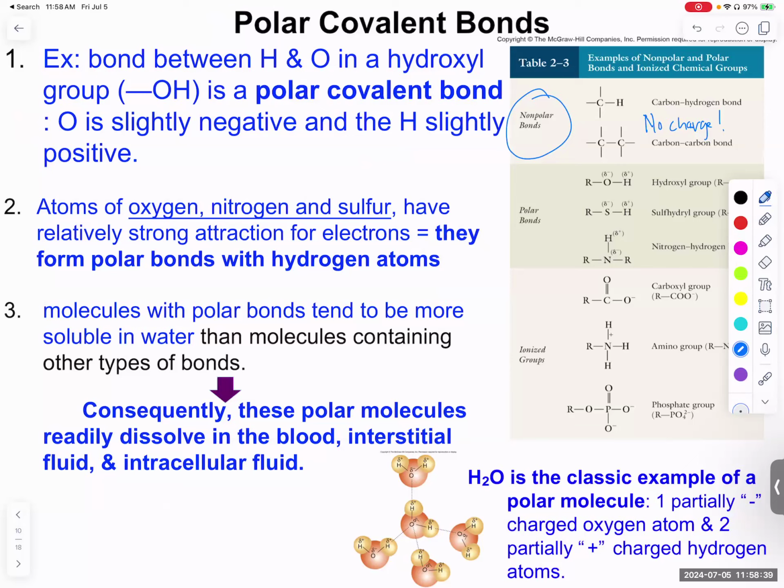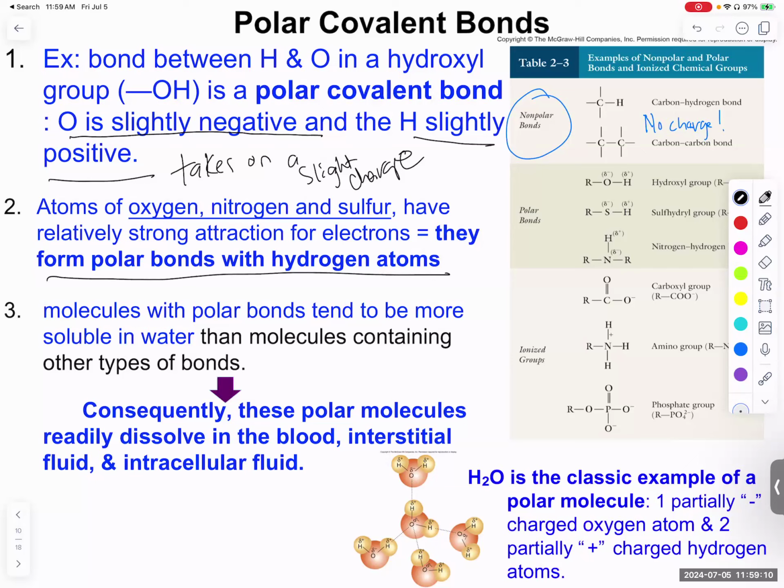So polar covalent bonds, again, things to remember is that one's going to be slightly more negative, one's going to be slightly more positive, takes on a slight charge. And so oxygen, nitrogen, and sulfur have an attraction for electrons. They pull electrons towards them, and they tend to form polar bonds with hydrogen.